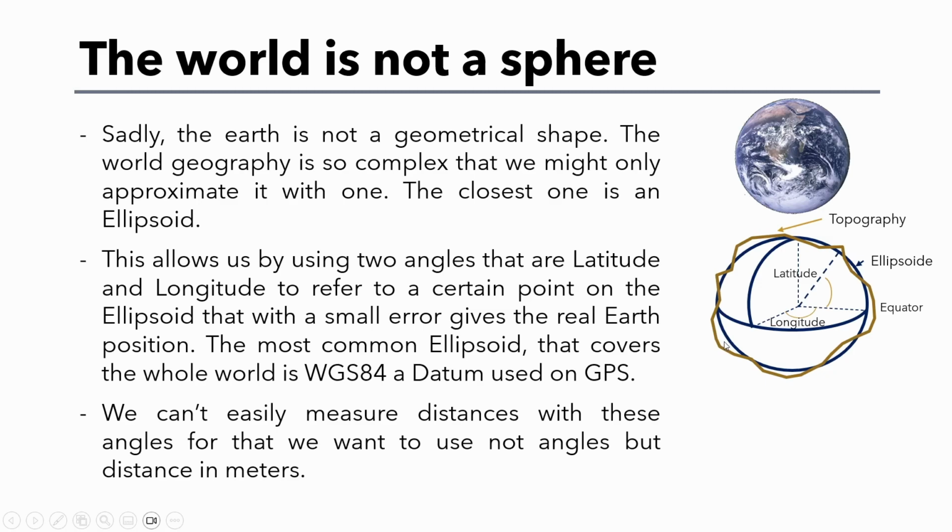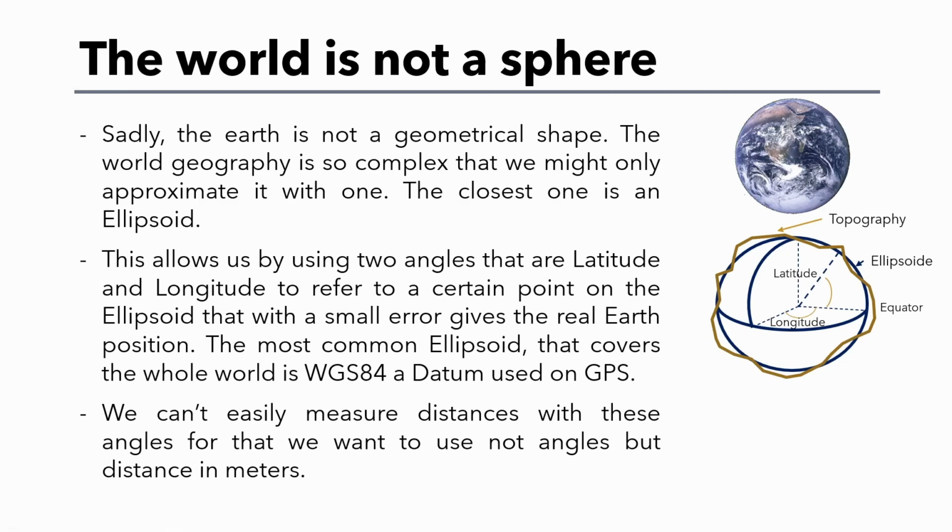You either have valleys, mountains, or the depths of the sea itself, and we can only approximate it with a model. The closest one is this ellipsoid over here, but of course there is always going to be an error. But anyhow, having this blue model allows us to use two angles, a latitude and longitude.